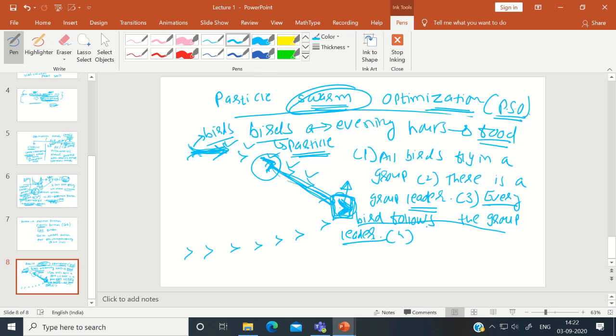and from these observations, in the year 1995, Professor Kennedy and Eberhart proposed this particle swarm optimization algorithm in a conference paper. And from that year, the PSO became very popular, and lots of research has been carried out in the last 25 years. A number of papers have been published.